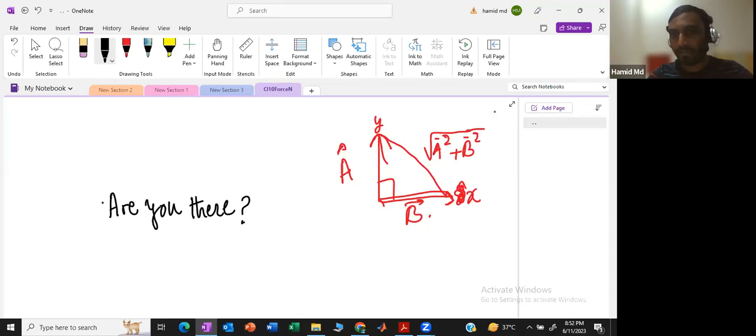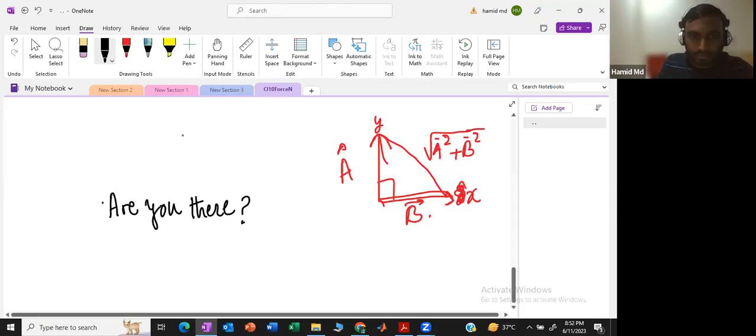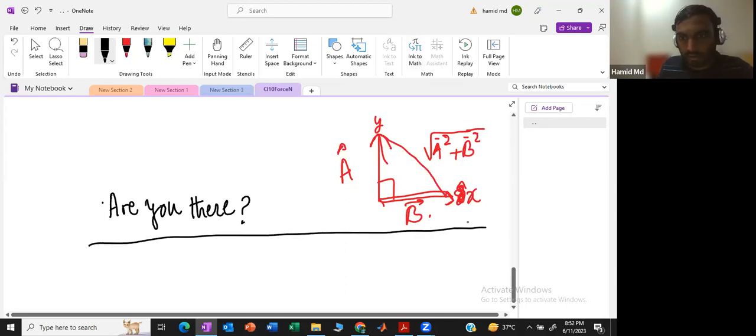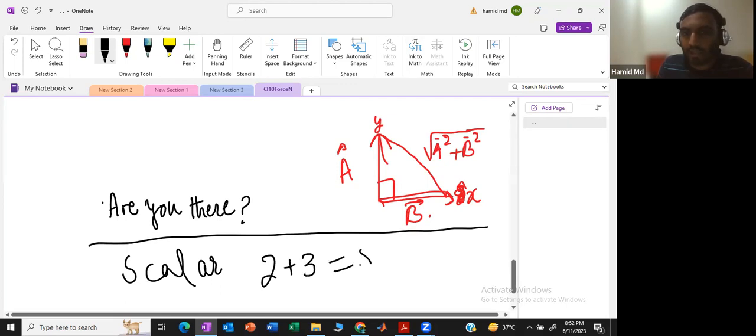In a scalar, we can add, for example, I'm writing here, this was for vector. For a scalar, we can only write 2 plus 3, and this will be nothing but simply 5.